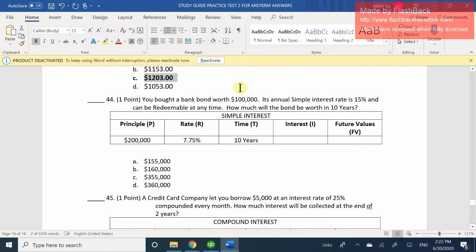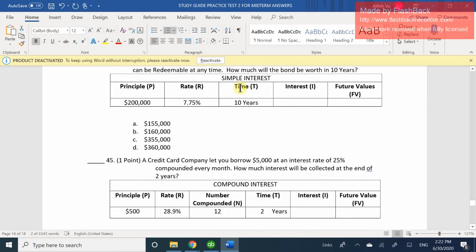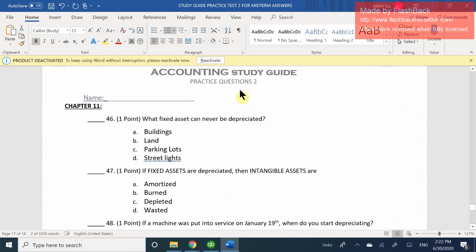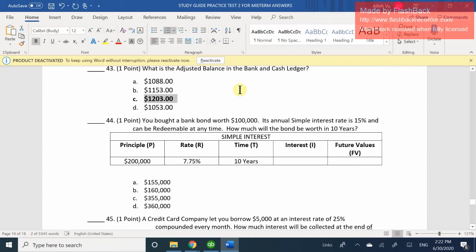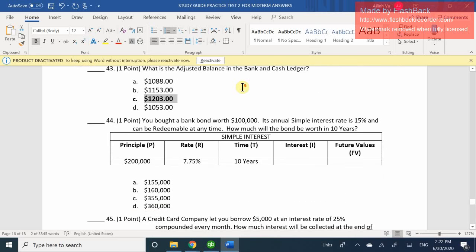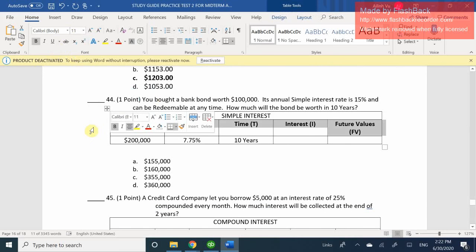Now, let's go ahead and number 44. I think, let me see how many more questions we have left. Okay, let's answer these two last questions and then take a quick break and then we'll finish off the rest, okay? So number 44.